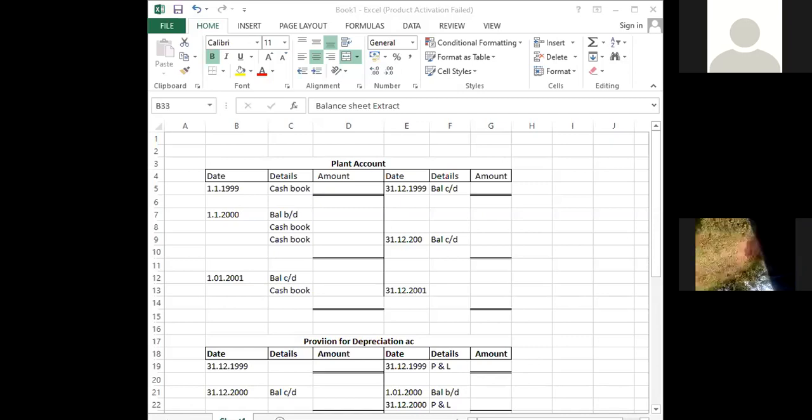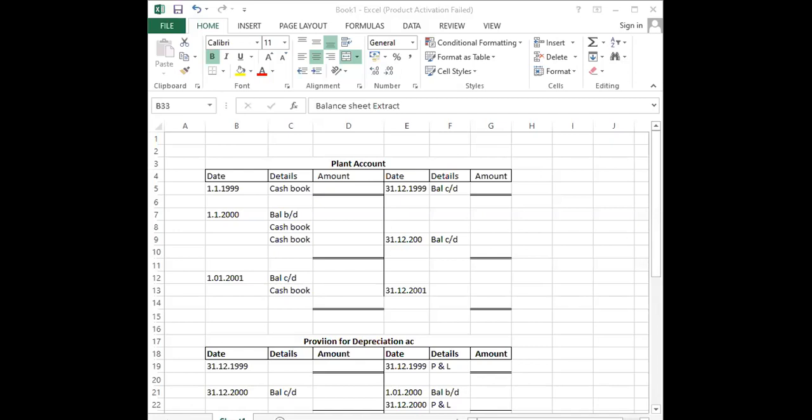So on 1st January 1999, we bought a machine with cash, or with its bank column, it's okay.